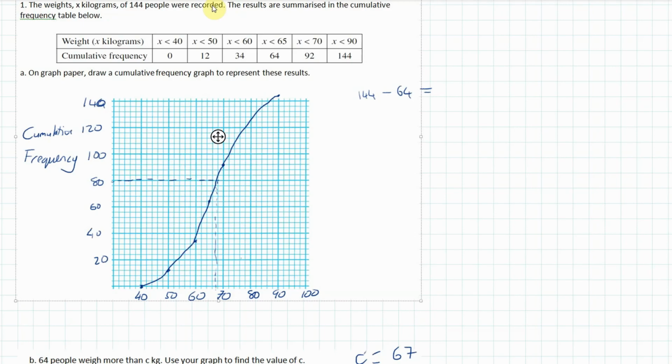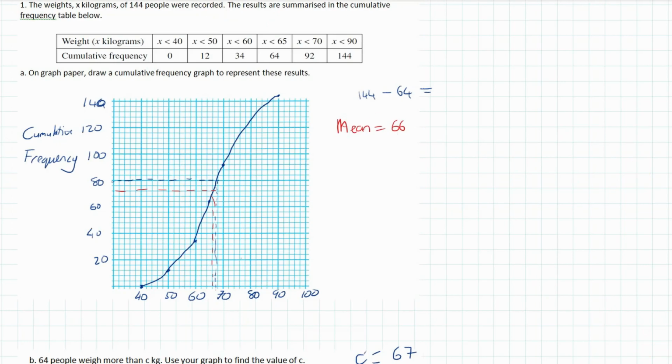So 60, and then we want to add on 12, so I think that's up here. So our mean should be approximately there, and excuse the poor drawing, but that to me looks like approximately 66. So I would say mean equals 66.